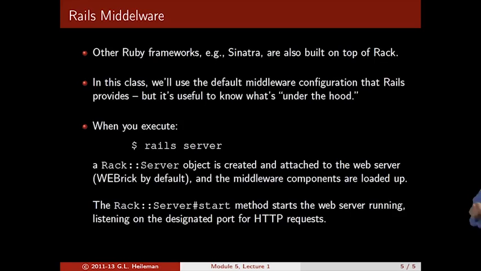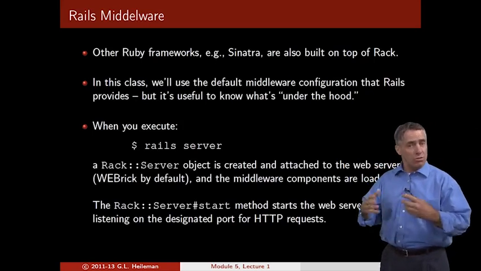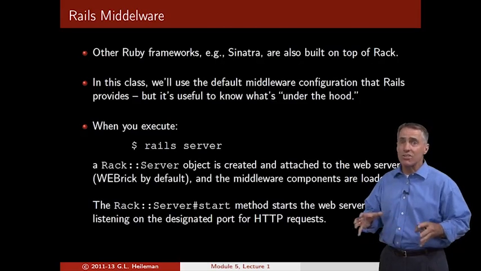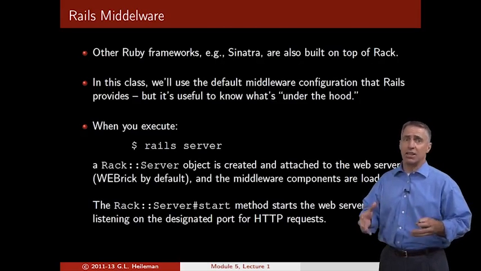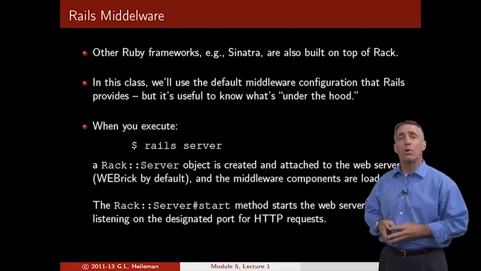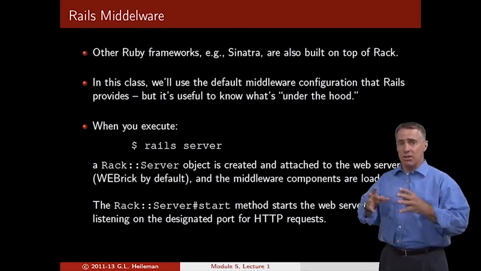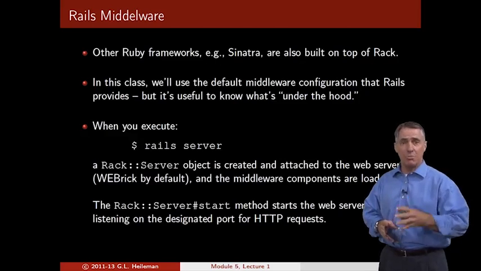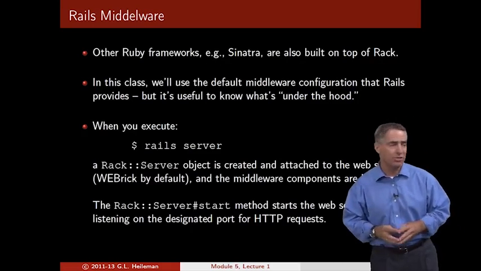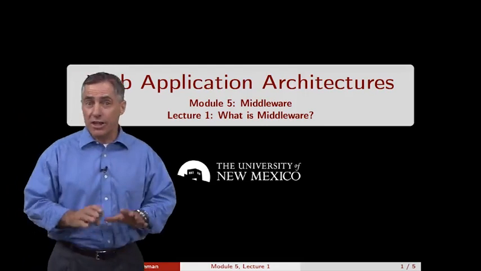And what happens when you implement this start method is that the server starts up, attaches it to your Rails application, and starts listening on, in our case, localhost port 3000. So this is what's happening behind the scenes. The web server started up using the middleware, and it's listening for HTTP requests. So this completes the first lecture in Module 5.